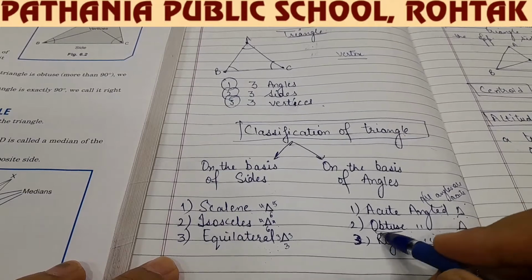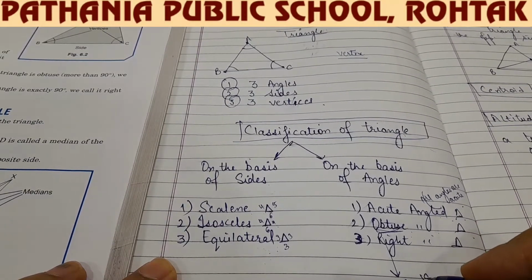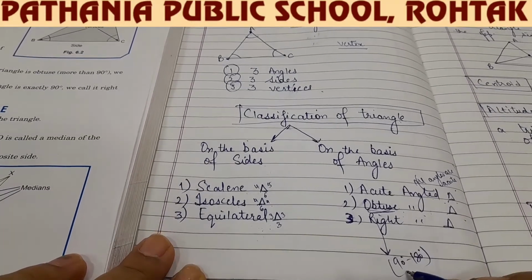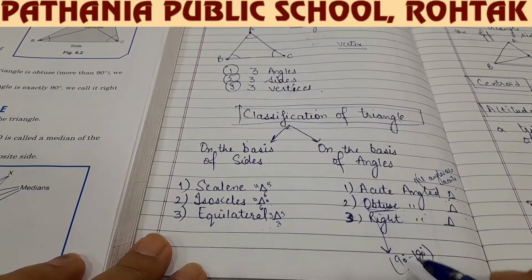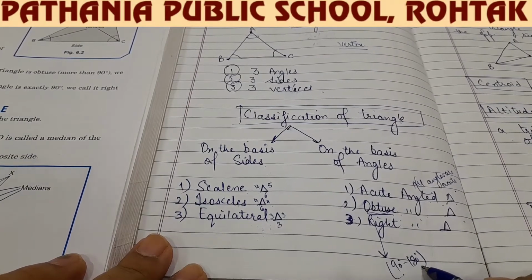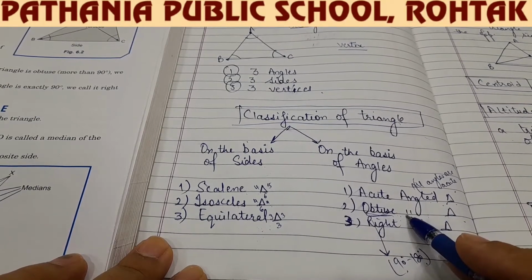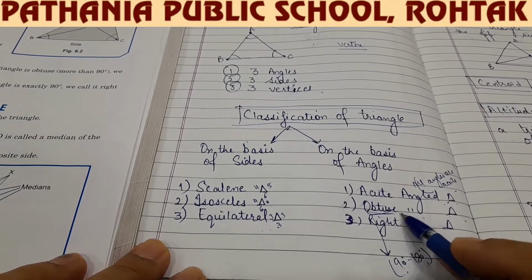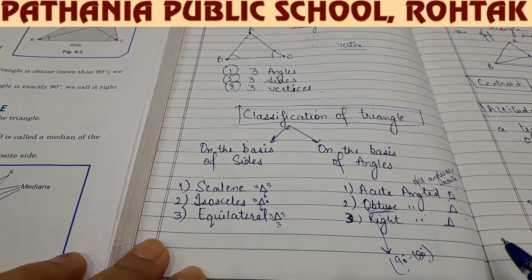So an obtuse angle is between 90 and 180. So in an obtuse angle triangle, one angle is obtuse and the remaining two are acute.